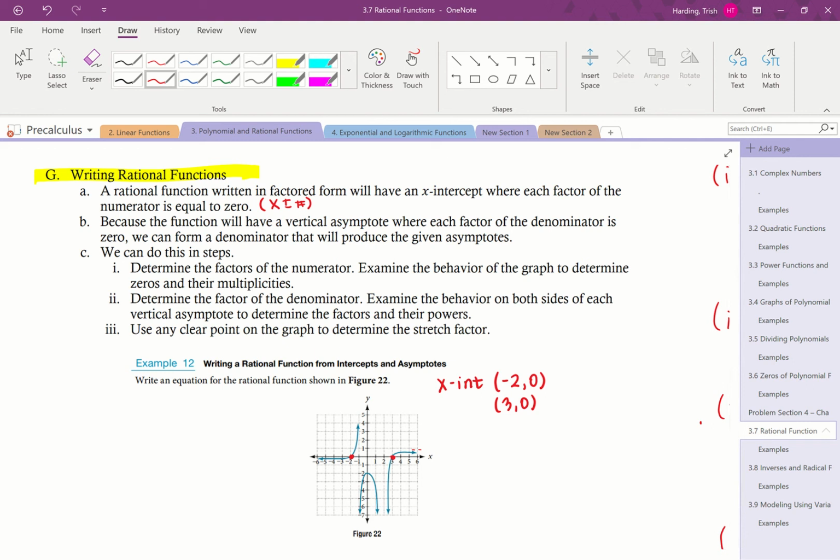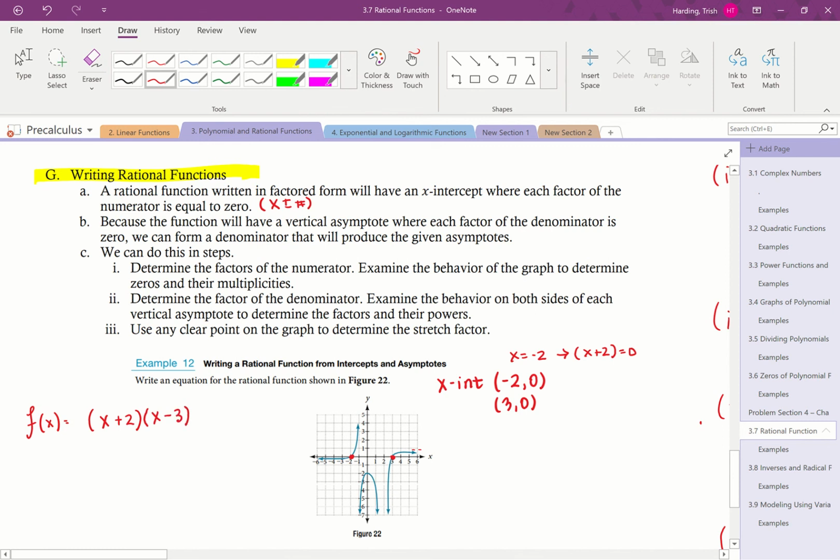So that means if we were to build some type of function, we would have, if x equals -2, then our factor is x plus 2. And that's because we just have to move it back over to be x plus 2 equals 0. So that means that if we have x equals 3, we're going to have x minus 3 as a factor.